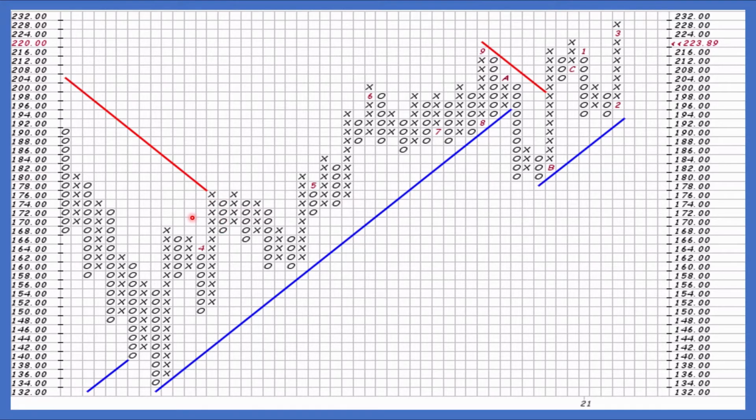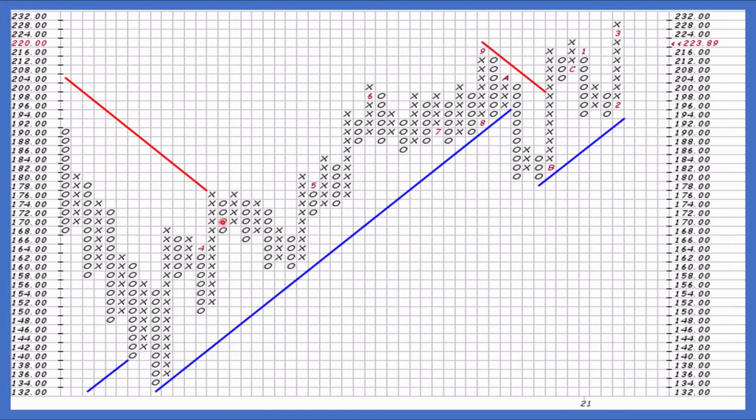When you're actually building a point and figure chart, or if you're viewing one that's already built like this, it's important to note that in order for a new column to appear, we need 3 boxes to be crossed of the next column. So if you see my cursor on the screen, we're in a column of X's. As the stock reverses lower, we cross into 1, 2, and then 3.